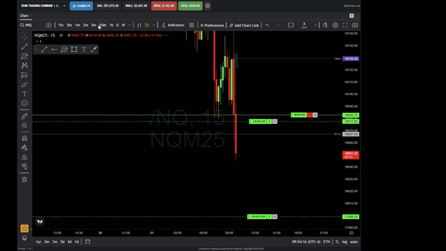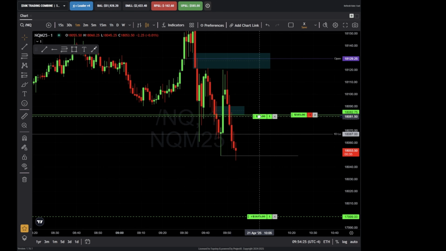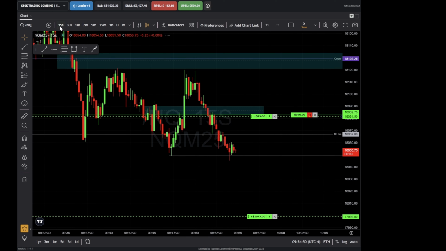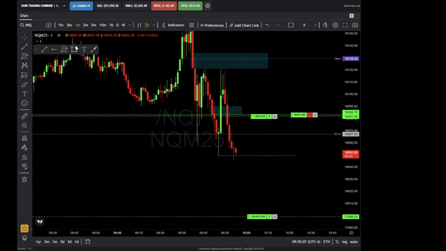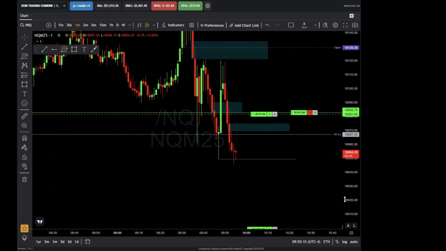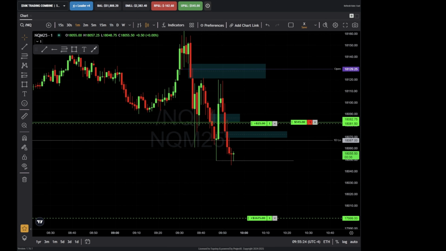As you can see, price immediately rejected that fair value gap and dropped, which is good for our trade. And after price took out that short-term low that I highlighted with a line, I moved my stop to break even. Another fair value gap I just highlighted, I want to see if price returns up into it and acts as resistance.